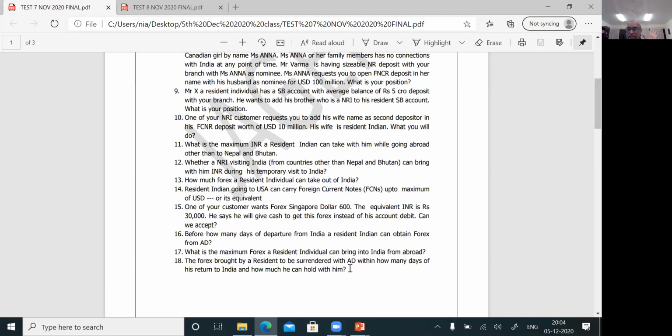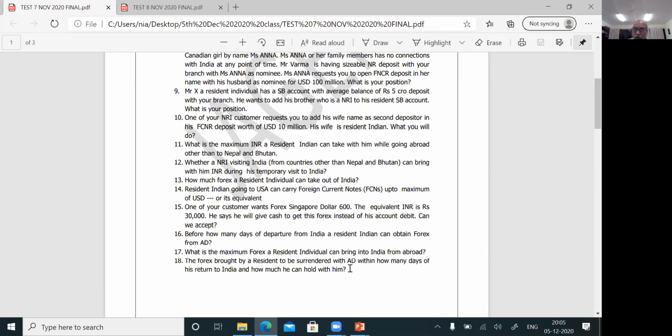You need not surrender them to the authorized dealer. Beyond the 2,000 US dollar amount, other than coins, whatever you have brought, you have to surrender to the authorized dealer. Either convert and credit your account, or create an FDR, or open an RFC domestic account, where you deposit the foreign currency notes or FDD without converting to Indian rupees.